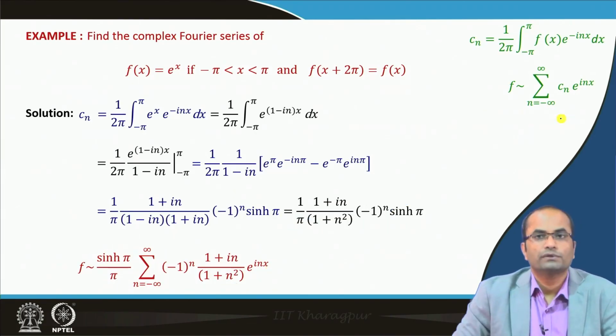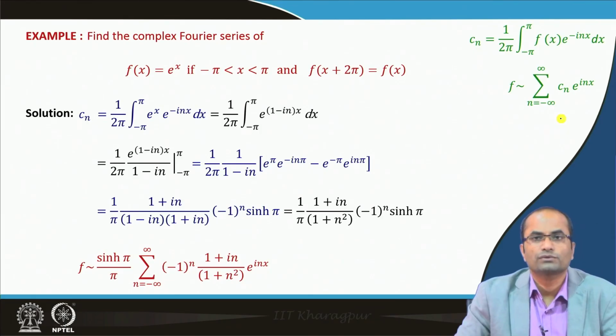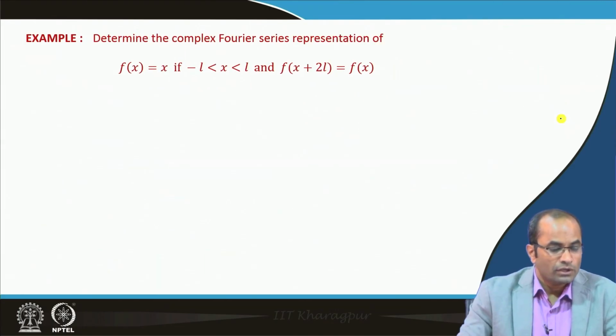So, what we have observed is that writing this Fourier series in complex form sometimes makes it simple to compute the Fourier coefficients, for example, and this form also has direct applications in control theory, and in other areas of electrical engineering.